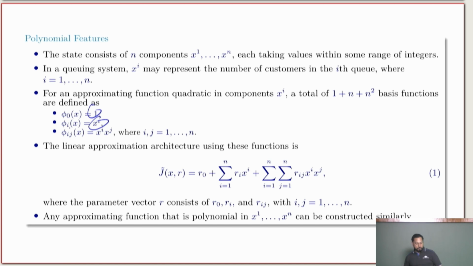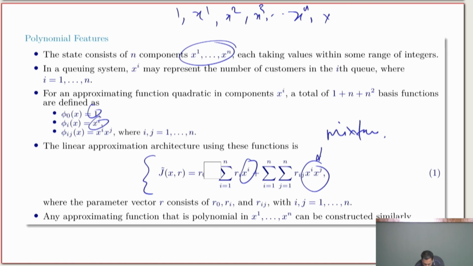If your state contains n components, then many types of features you can construct. Just like in kernels in SVM, you have those polynomial kernels. You can construct as many features as you want. The most general way to construct these features could be, let's say, up to degree 2. So you mix xi xj.